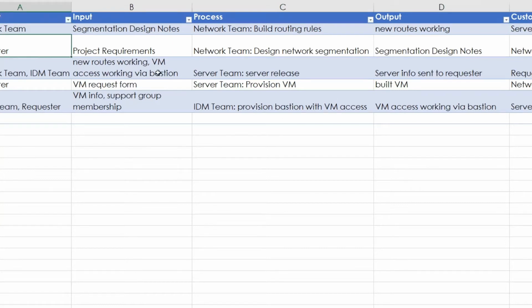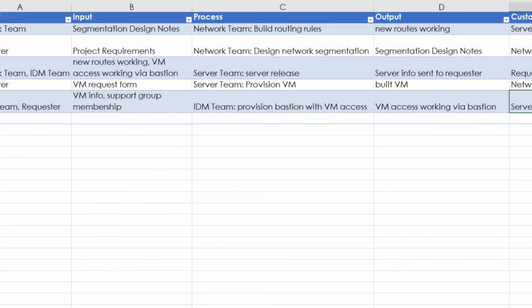Right. So with a SIPOC, you can usually build a very complete swim lane diagram, because the supplier is the lane where the arrow started, the process is what you're going to label your box, and the customer is the swim lane where your arrow goes next. And you can just kind of map this thing through.